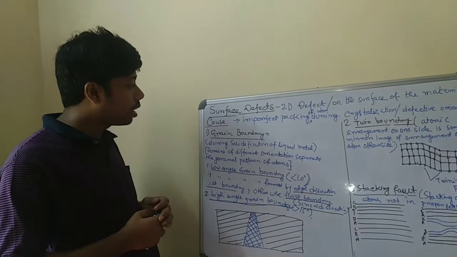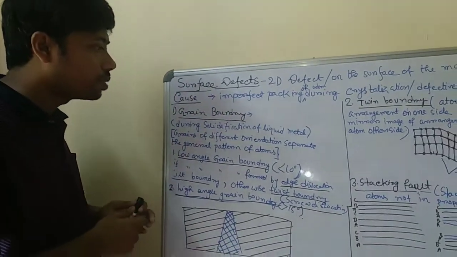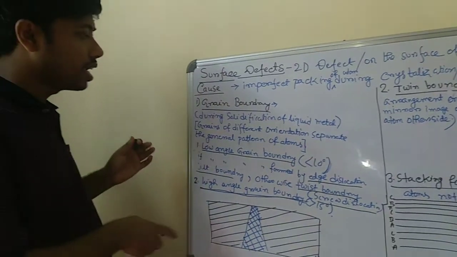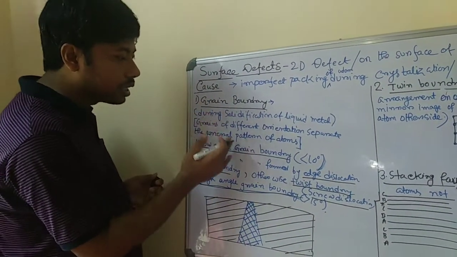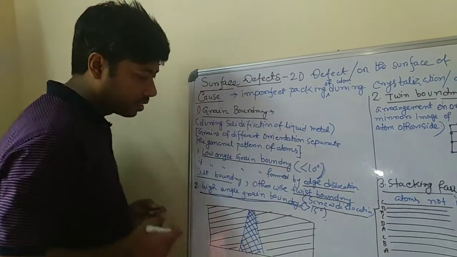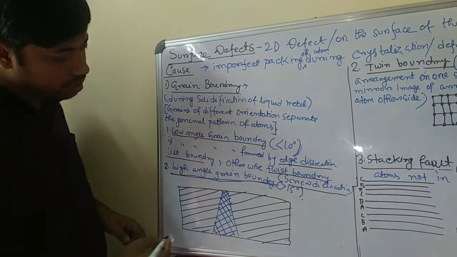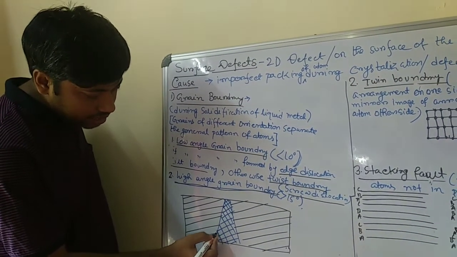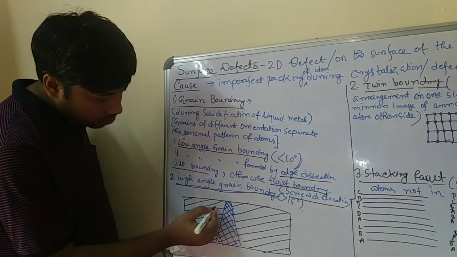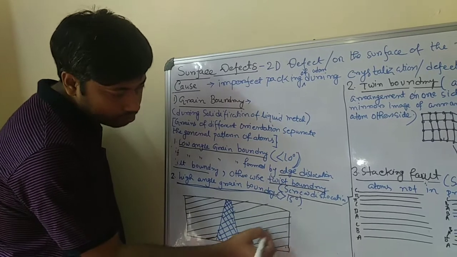Grain boundary is one type of defect in which grains of different orientation separate the general pattern of atoms. Suppose this is a crystal structure in which the atoms are oriented in this manner. So this is the general pattern of the atoms.